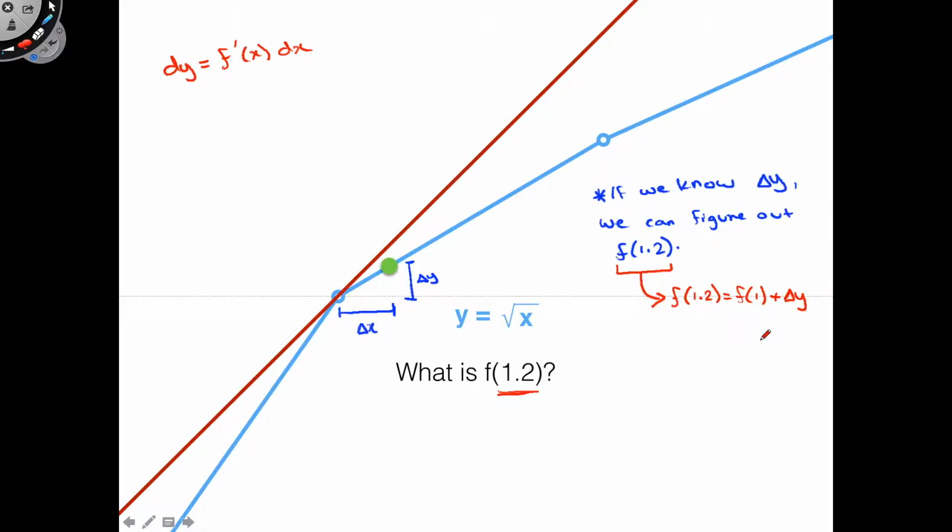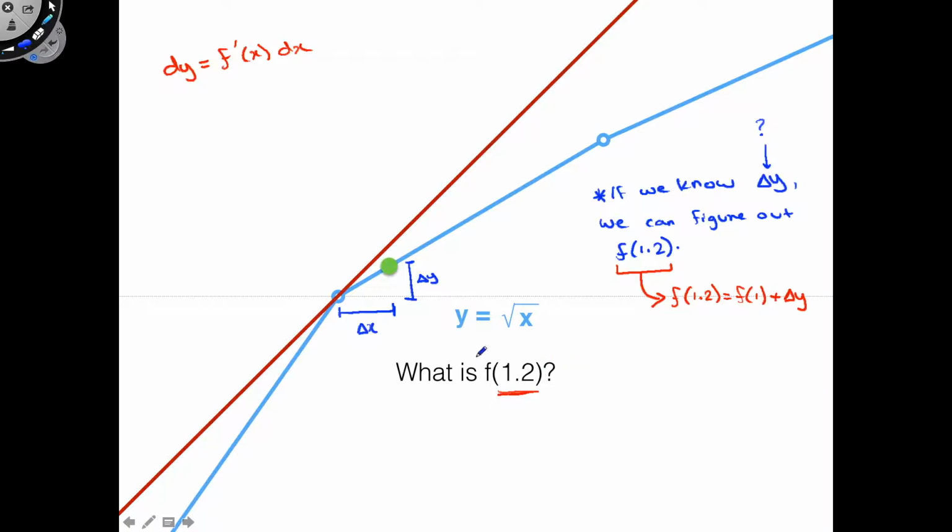And this is very intuitive, right? Because if you know a starting point and you know a change, you can figure out the final point. Now, unfortunately, we don't know what delta y is. That's an unknown value. So we're going to need to find some way to guesstimate what that value is so we can add it over there.